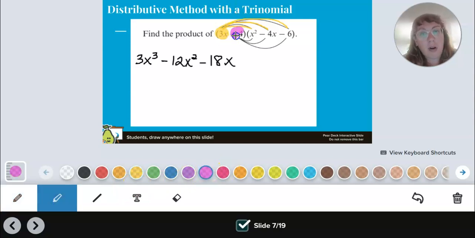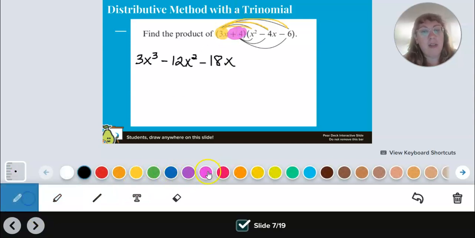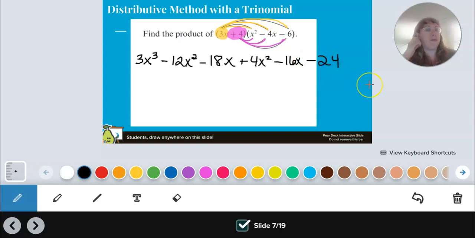Then I look at the 4, our second term. And now the 4 has to multiply by all 3 terms. So we have 4 times x squared is a 4x squared. 4 times negative 4x, negative 16x. And 4 times negative 6 is a negative 24. And then we start to look at what we can combine.